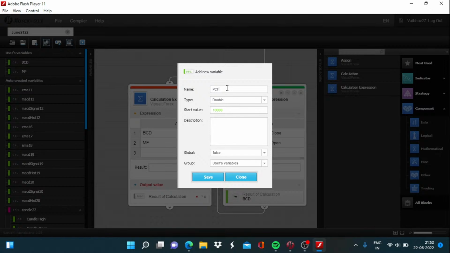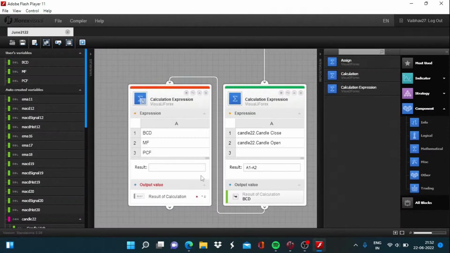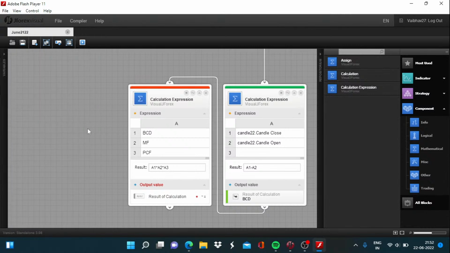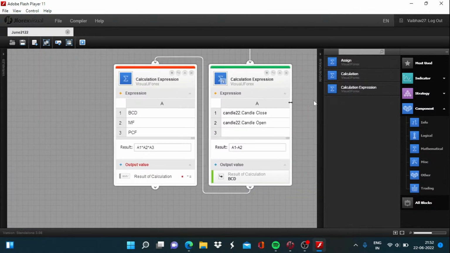Okay, so this will be A1 into A2 into A3. This will be our stop loss. And twice of it will be our take profit.